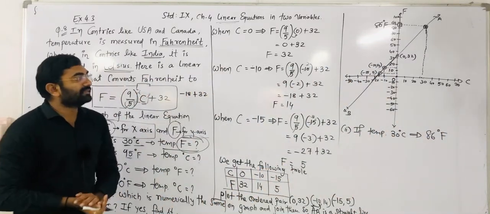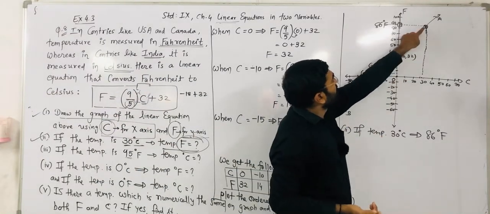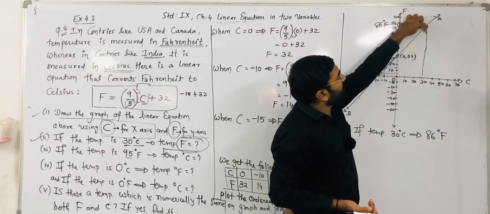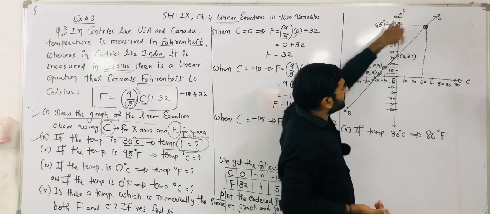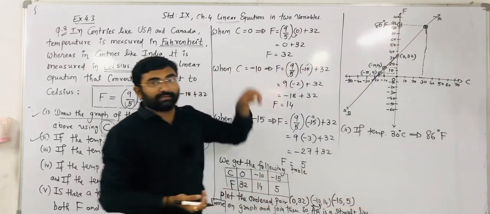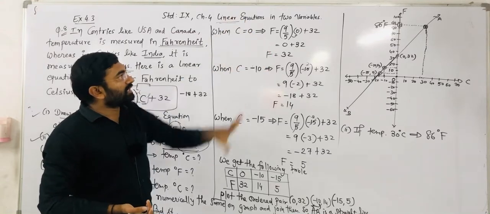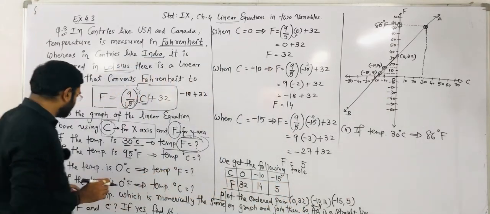Okay, so from the graph, that way you have to check. At 30 on Celsius, the temperature in Fahrenheit. From the 30 on Celsius perpendicular line, we go to the straight line, so we get one point, and from that point we draw the perpendicular line to the y-axis, or you can say the Fahrenheit line. Right? So you get whatever the value. This is your Fahrenheit value at 30 on Celsius.